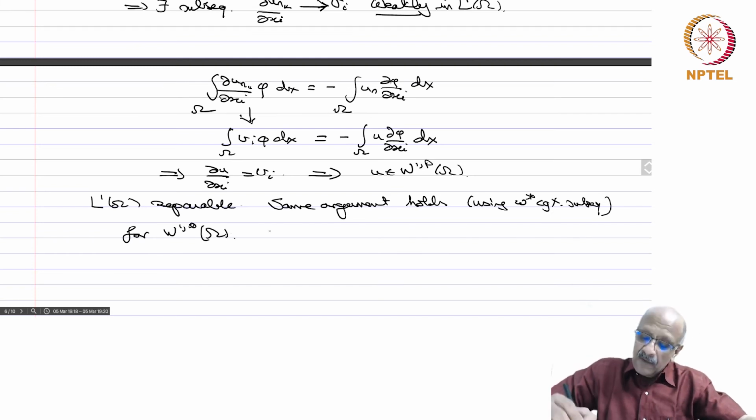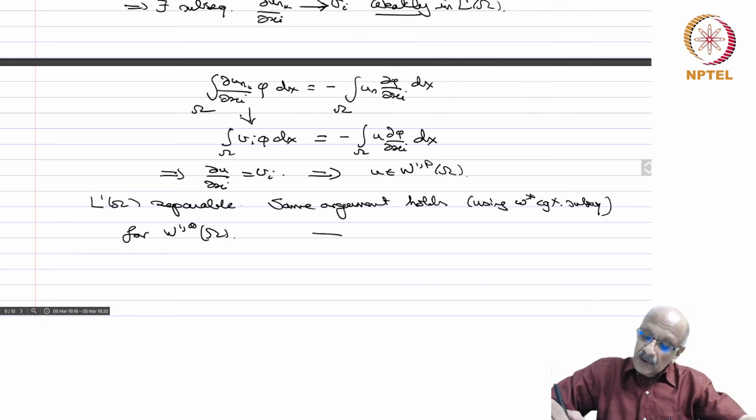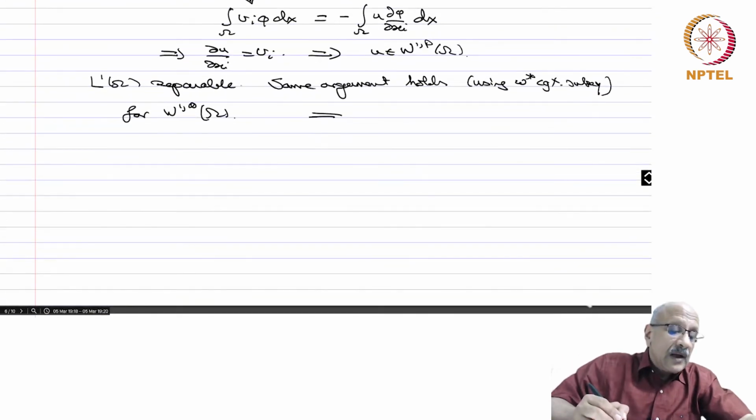So if you have u_n converges to u in L infinity, and all the first derivatives are bounded in L infinity, then you will get that u itself is in W^{1,∞}, and this is again very useful. So we are able to predict when a function will belong to this space.